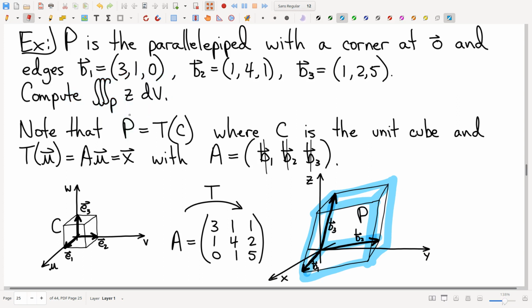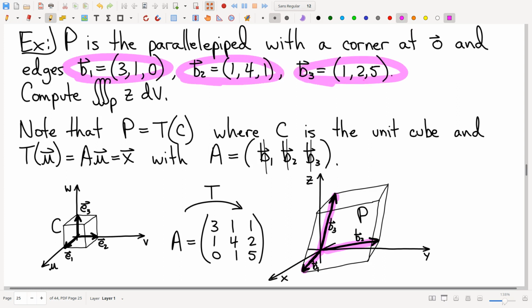We have to import an idea from linear algebra. Neat fact, easy to recall, easy to argue. If you are given the edge vectors of a parallelepiped with corner at the origin, like this, you can view that as being an image of the unit cube in a very convenient way, right?